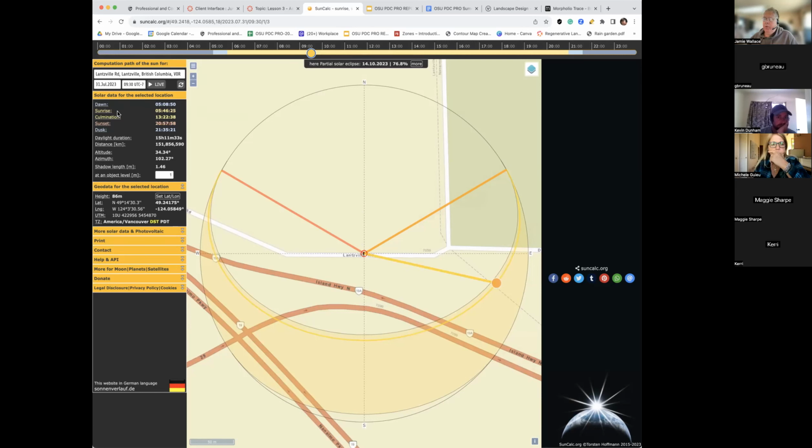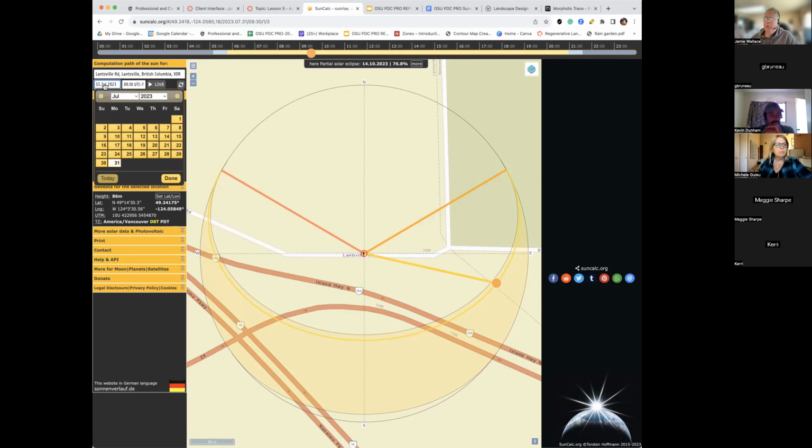Then on the left here, right now, it's showing us basically live. So today's sun is right here, and here's our sun angle for today. But what we want to do is look at the summer and the winter solstice. We're not too concerned about the live one.